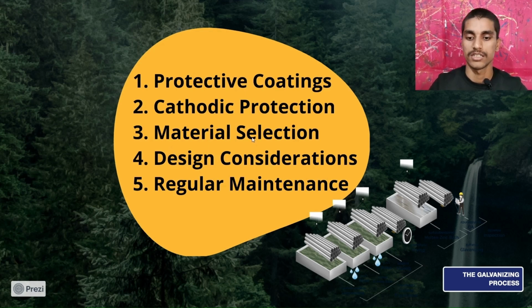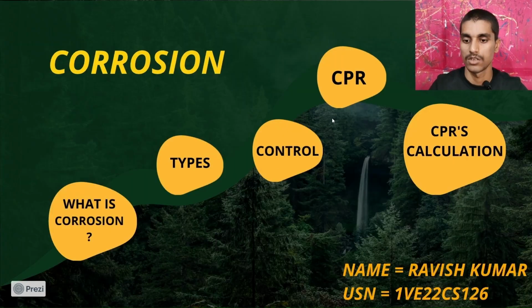The third one is material selection, meaning which type of metal we have to select while making metal objects, such as alloys. The fourth one is design consideration, and the fifth one is regular maintenance, meaning we have to maintain our metal objects by painting and the galvanization process.